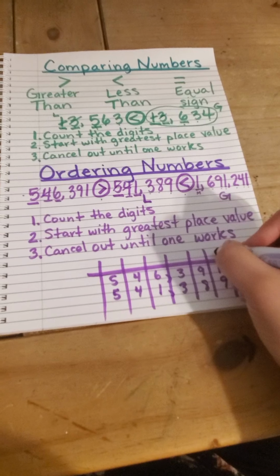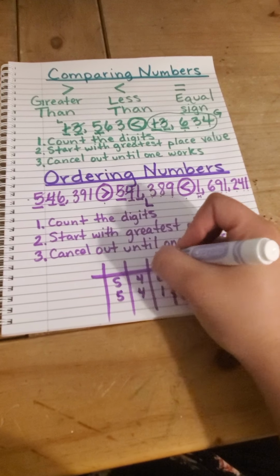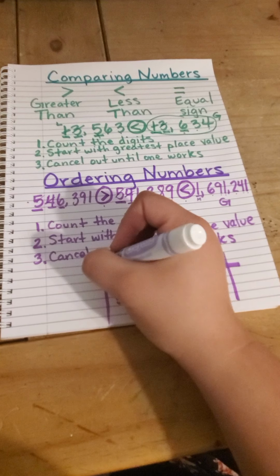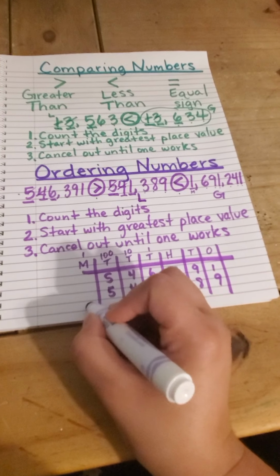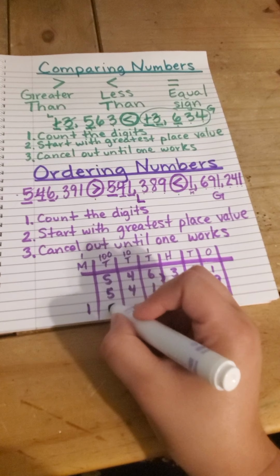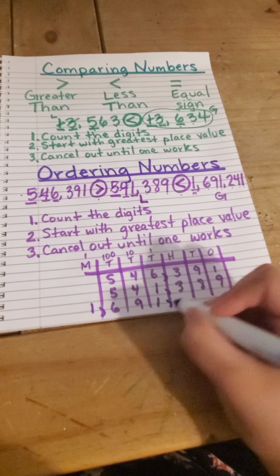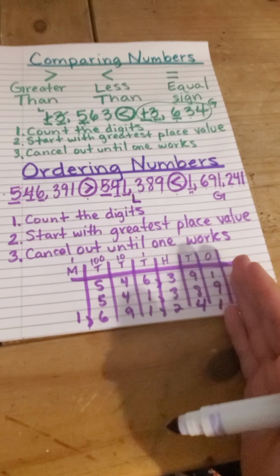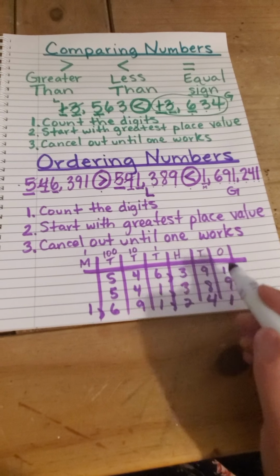My second number, so I know this is the ones, tens, hundreds, 1,000, 10,000, 100,000, and my millions. So my next digit had a millions place, so I bring it over to the millions place. 1,691,241. I can't forget my comma.